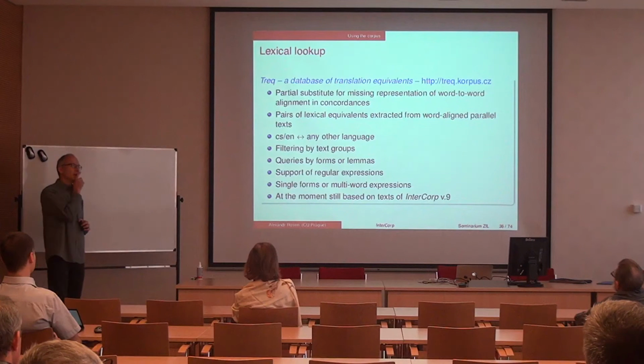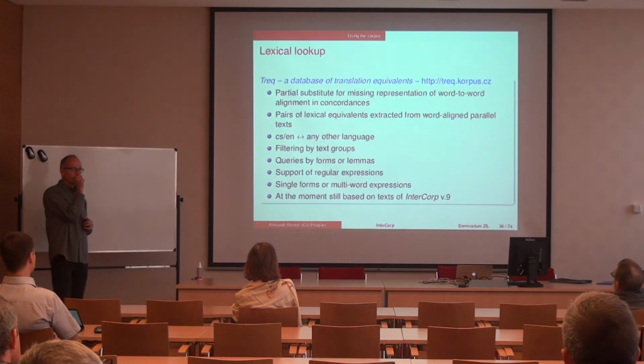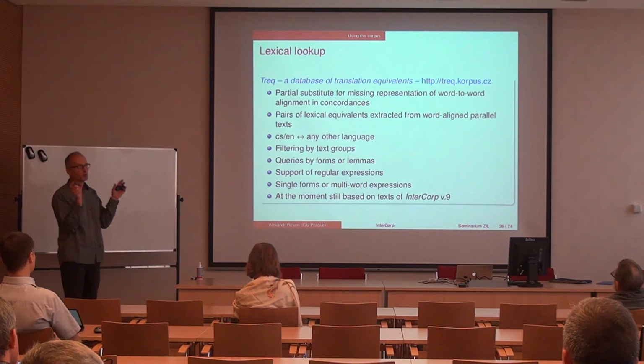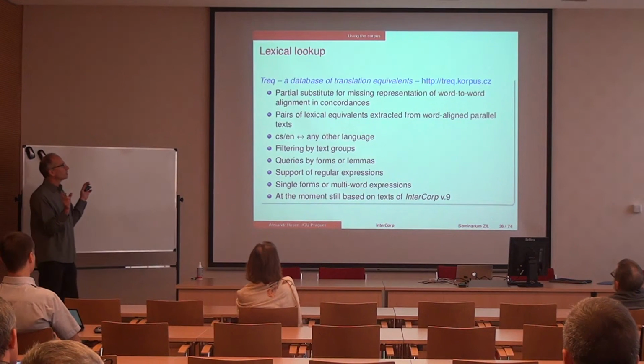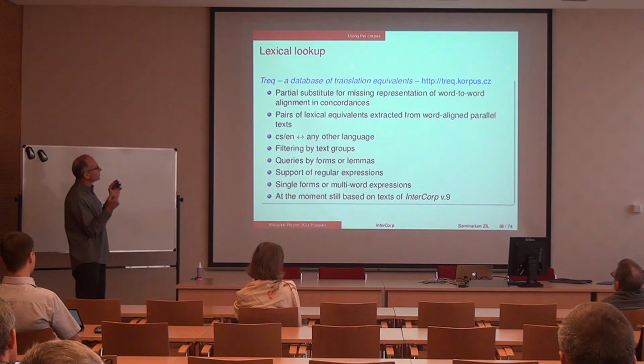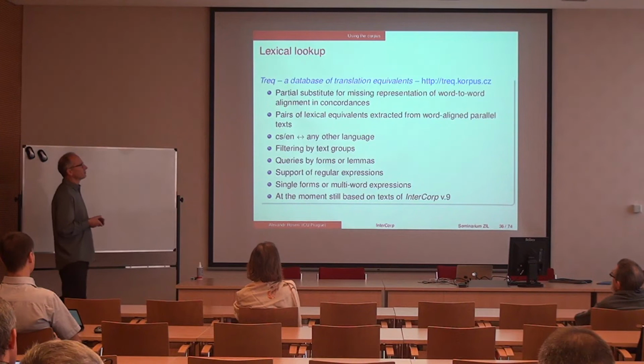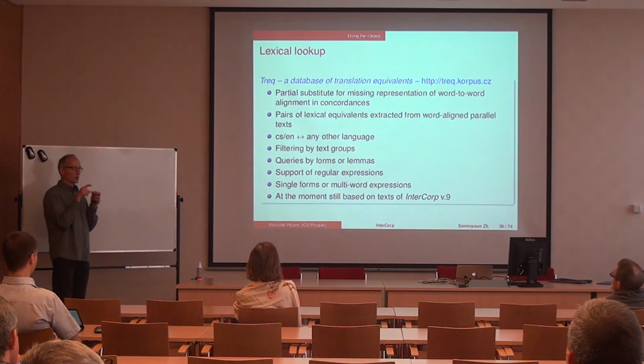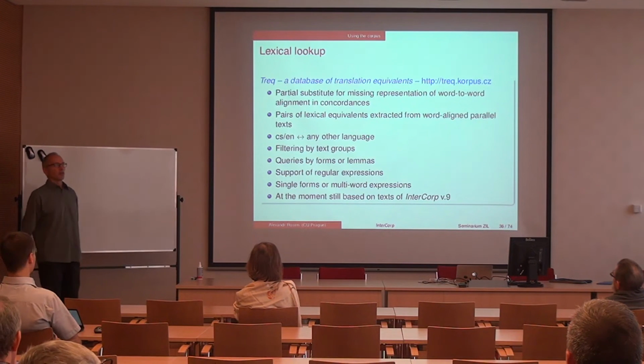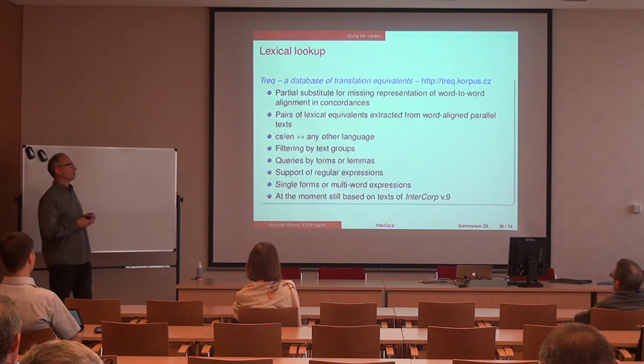To at least partially compensate for the lack of word-to-word alignment, we have something called a translation equivalence database, or database of translation equivalents, and that's actually extracted from word-to-word alignments that you can do on the texts that are present in the parallel corpus.